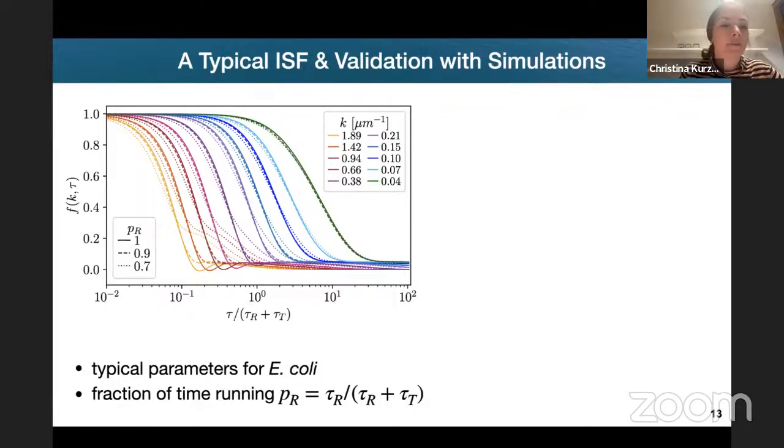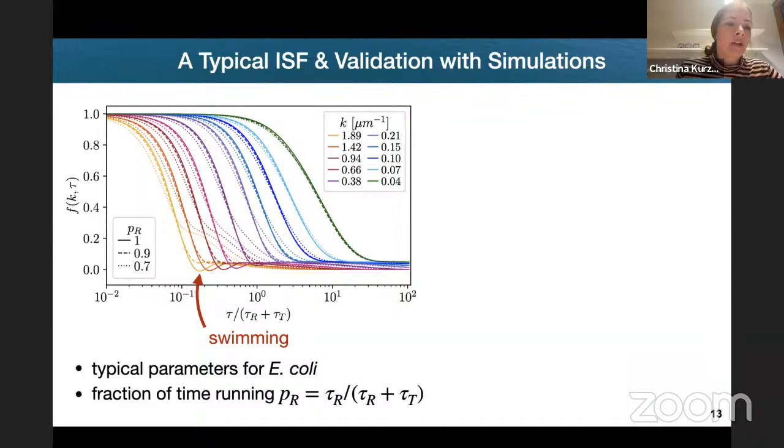Okay, so now let's look at one of these theoretical ISFs to understand its features. Here you see the plot of the ISF as a function of time for different wave numbers, and there are a few features I'd like you to notice. First of all, the solid line is for cells that tumble instantaneously, and at high wave numbers we see oscillations. These oscillations are typically a fingerprint that the cells are swimming.